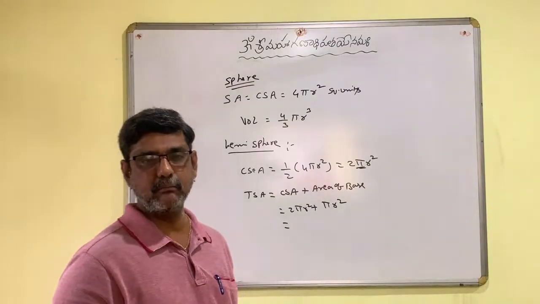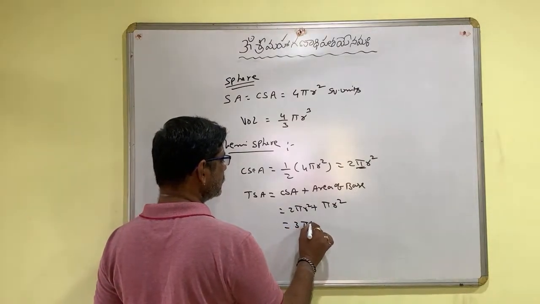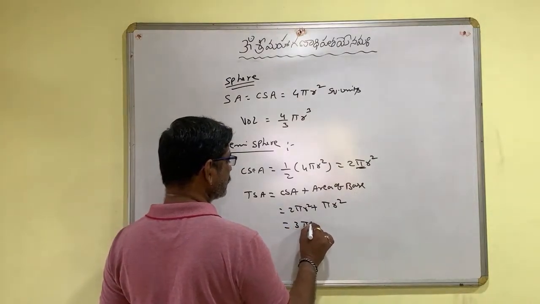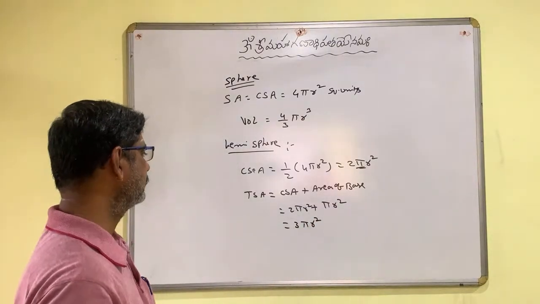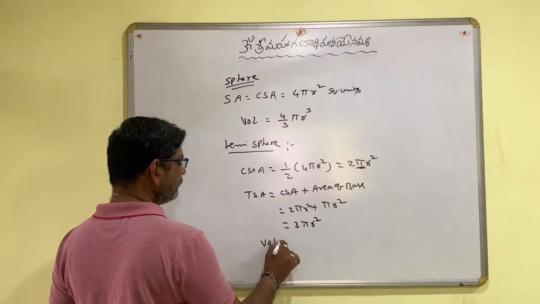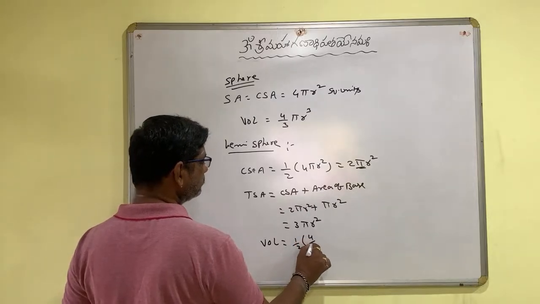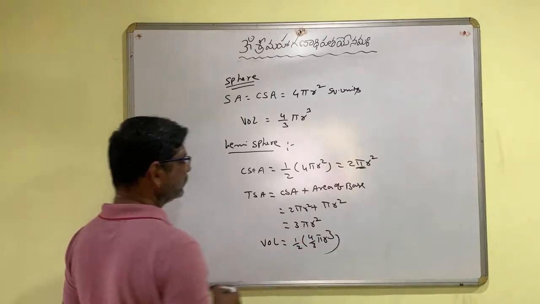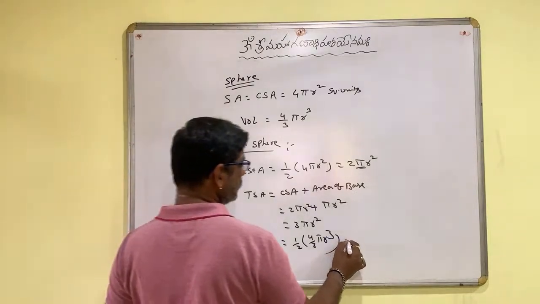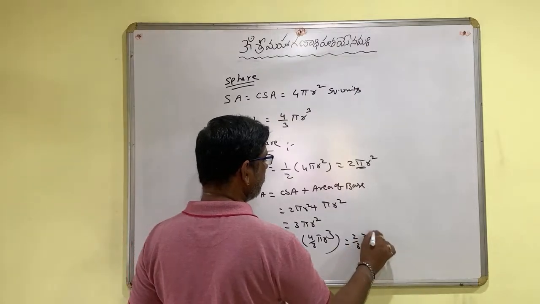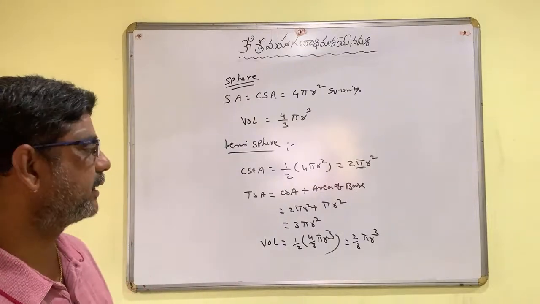So total surface area of hemisphere is 3 pi r square. Now, volume of hemisphere is half the volume of sphere, that is half into 4 by 3 pi r cube, which is 2/3 pi r cube.